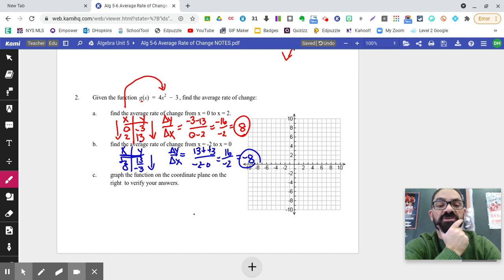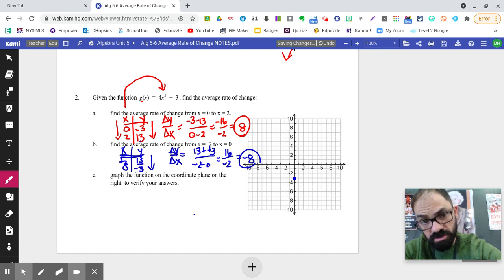Interesting. So graph the function on the coordinate plane, verify your answers. One says positive, one says negative. Aha, that's why. Got it. So if I was to graph this, 0, negative 3. 2, 13. That's going to be off my graph up here. Negative 2, 13.